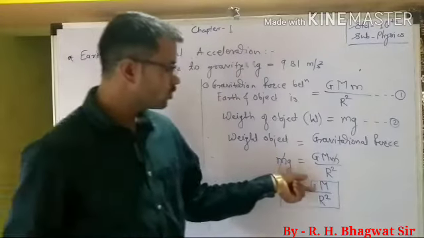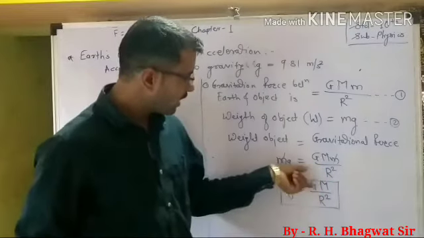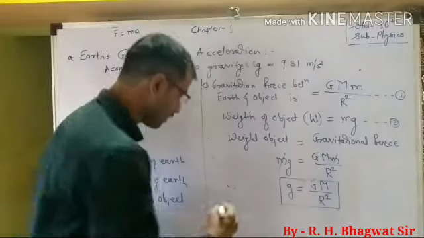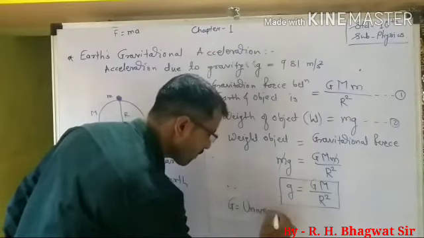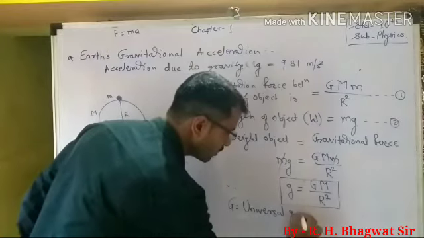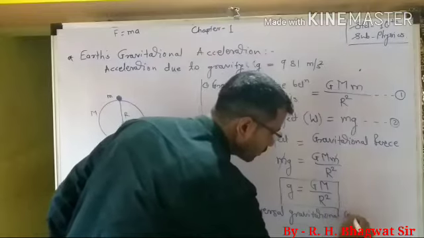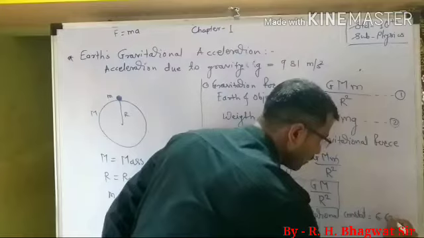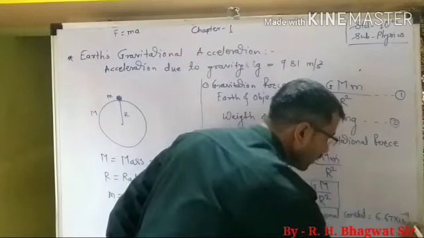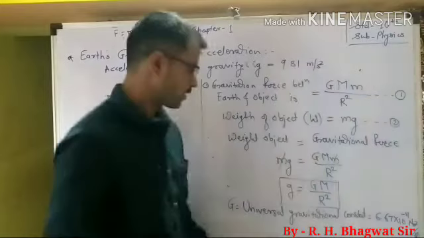Small g is equal to capital G into capital M upon R square, where capital G is the universal gravitational constant, having the value 6.67 into 10 raised to minus 11 newton meter square per kilogram square.